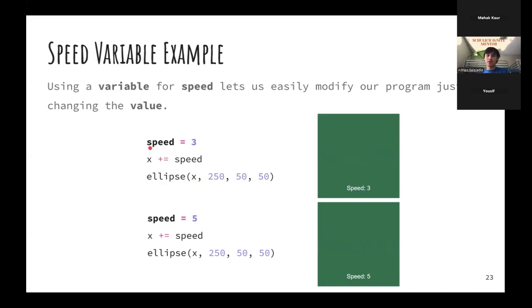Here we say that the speed is equal to 3. That means that every iteration of draw, we're going to draw a new ellipse 3 pixels to the right, 3 pixels to the right, and so on. Say that we have speed equals 5. We're now saying we're going to draw it 5 pixels to the right. And as you can see, it gets a bit faster down here.